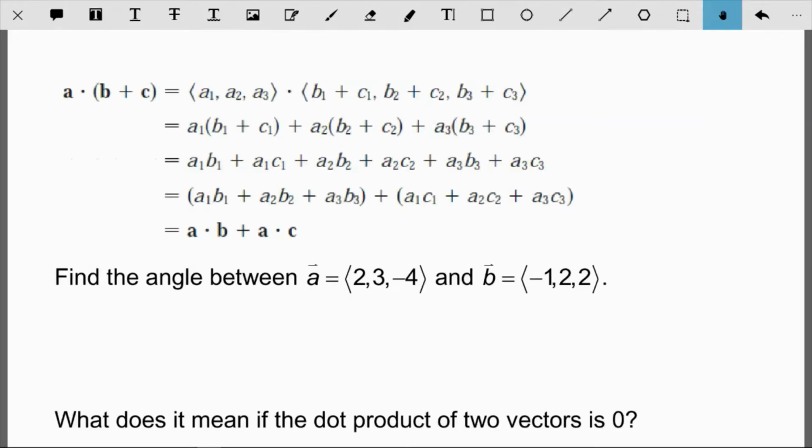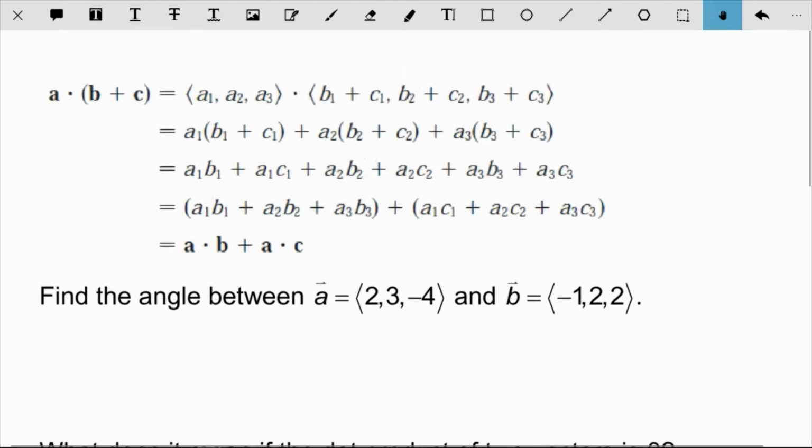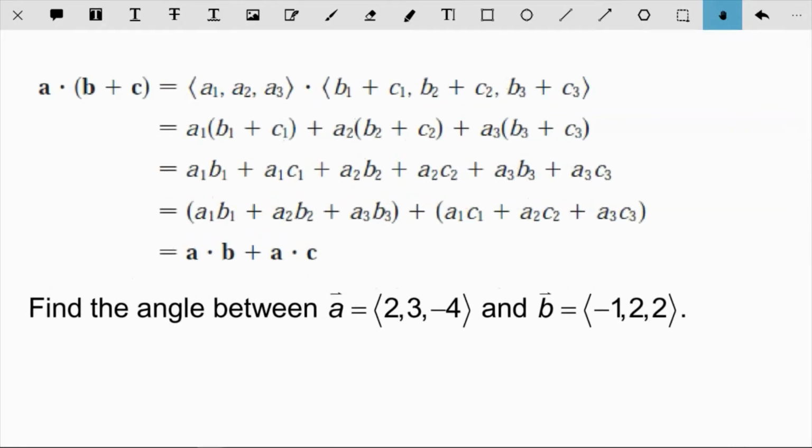Okay, so here's one of the properties, and I wanted to show you an example of one of these properties being proven to be true, because you're going to have to do this on your assignment a little bit. So when you have one of these vector properties and you want to show that it actually works, essentially what you're going to do is use arbitrary vectors, A, B, and C, or A and B, whatever you need, and then you give the components names that correspond to the name of the vector.